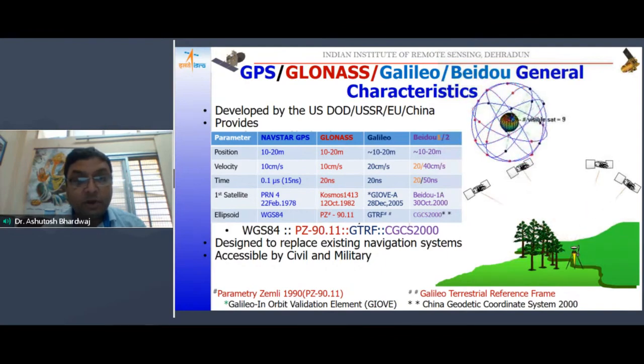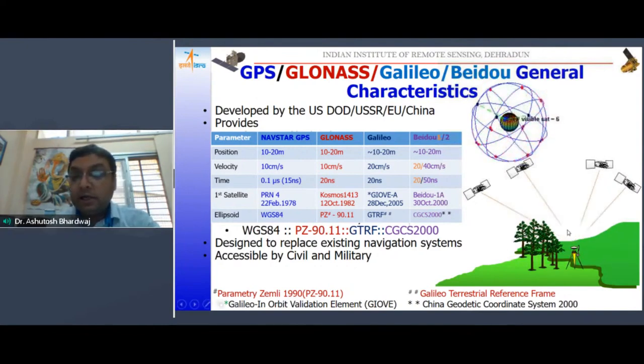So although the coordinate systems are different, finally we can work with a single coordinate system. We usually prefer working with the WGS84 datum. That means the PZ-90, GTRF and CGCS coordinates are all transformed to WGS84 and provide us the final value.